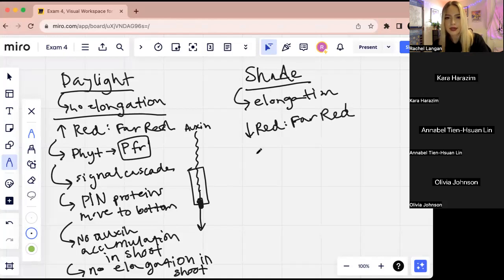There's more far red than there is red light. So because of that, phytochrome is going to be converted to the PR form. And just like before, that's going to trigger a signal cascade. But now it's a different signal cascade.